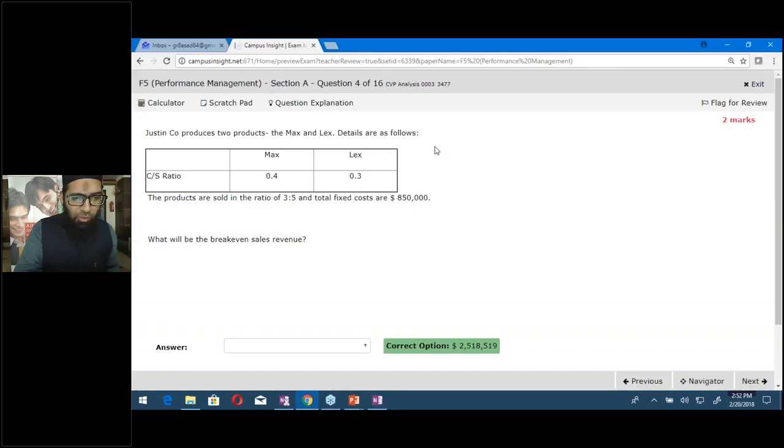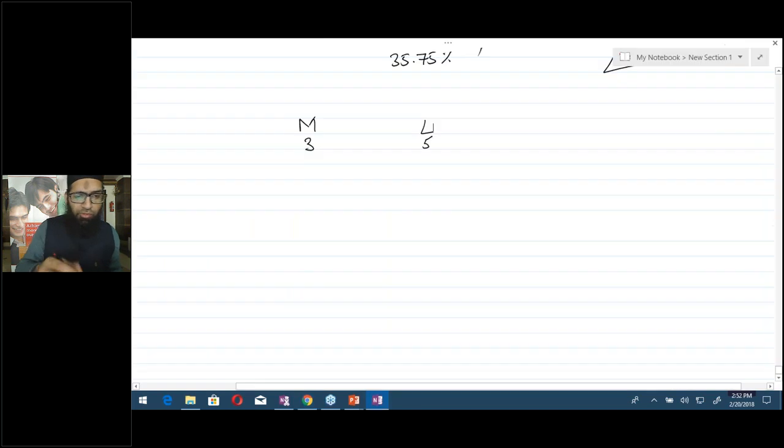Because in the question we have been provided with the CS ratio, I can assume a selling price and then take the contribution per unit. So if I assume the selling price is $10, that will mean the contribution is 0.4, that is $4. Similarly, for L, if the selling price is, suppose once again I'm supposing the same value of $10, then it means the contribution per unit is 3.